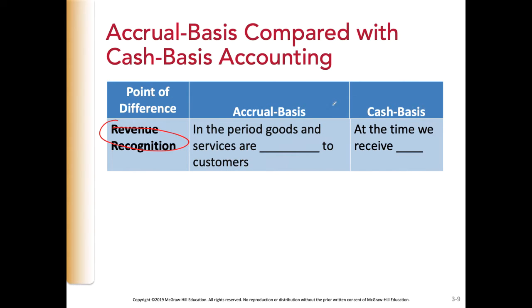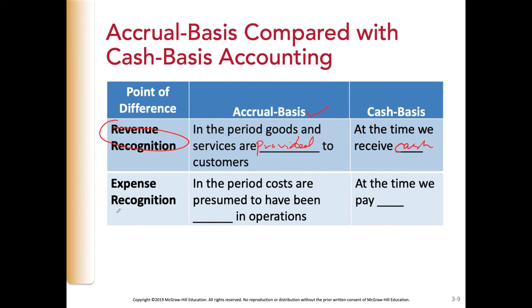On the accrual basis, we recognize revenue in the period goods and services are provided to the customers. However, on the cash basis, we recognize revenue immediately when we receive cash.